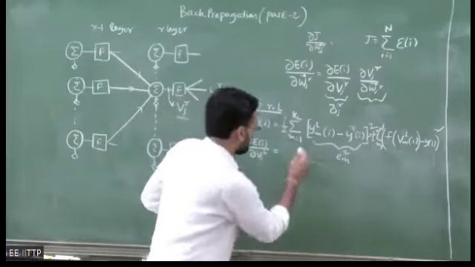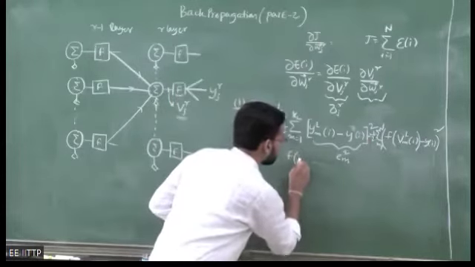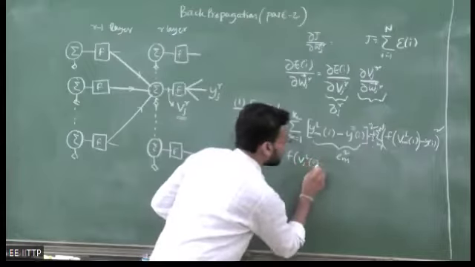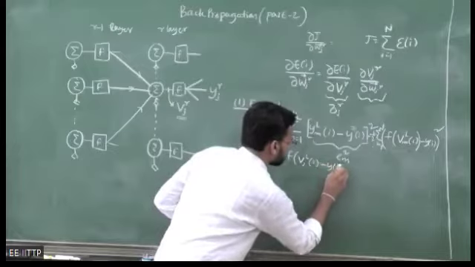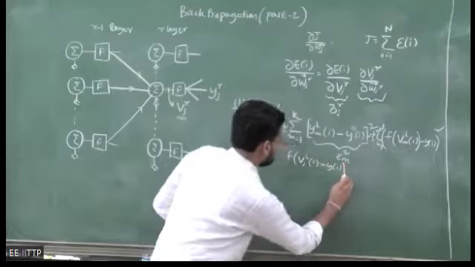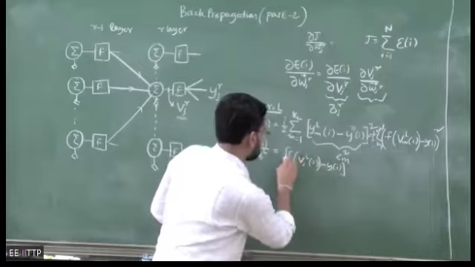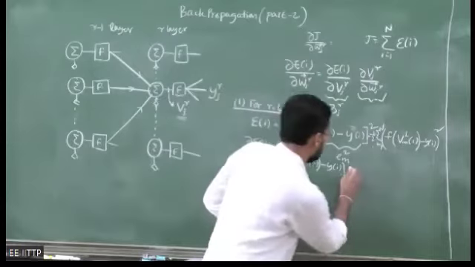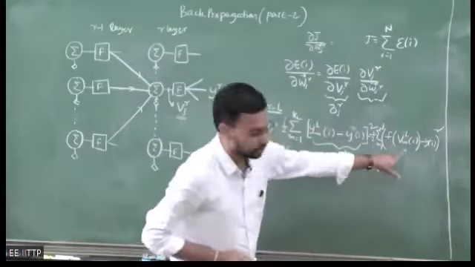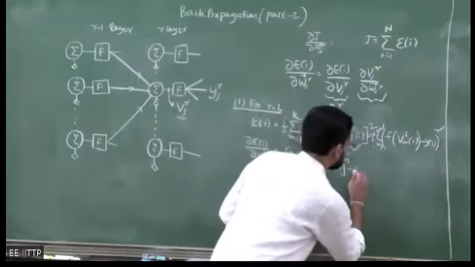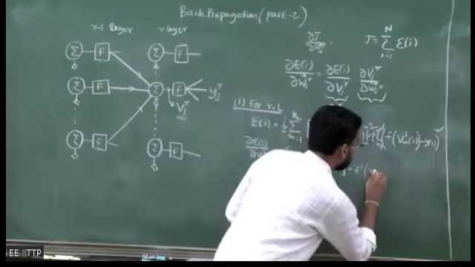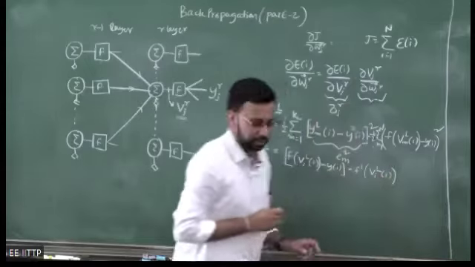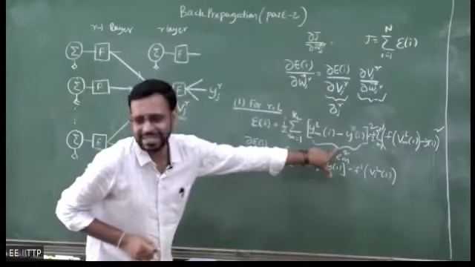So f of V_j^L of i minus Y of i, into what will I get here? f dash of V_j^L of i. This we are writing as E_m of i, for example.